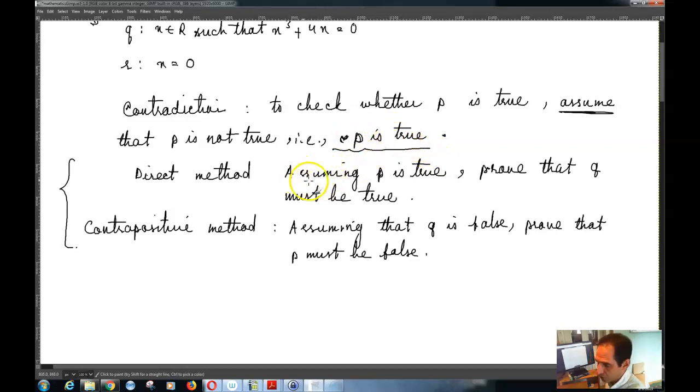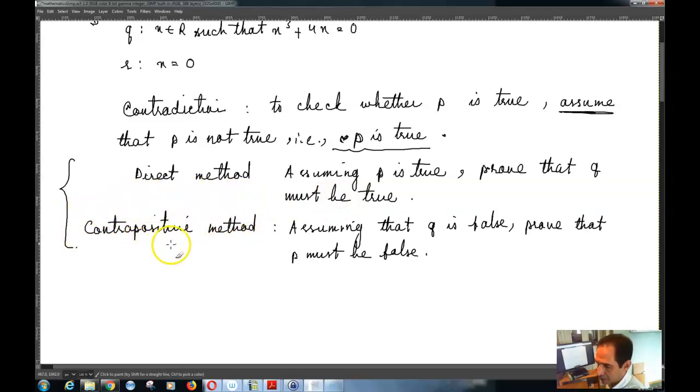So what I could do is assume that P is true, and then prove that Q is not true, and that would prove that not P is true. I know this is a little bit confusing, but bear with me, I will get you to the end of this discussion. Or I can use the contrapositive method.